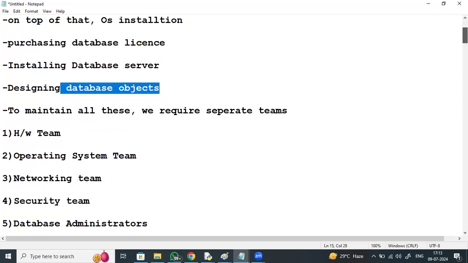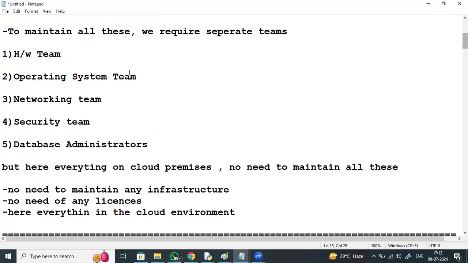To maintain all this, we again require separate teams like hardware, operating system, networking, security, and database administrator teams. But on the cloud, there is no need to maintain any infrastructure. Everything is within the cloud environment.